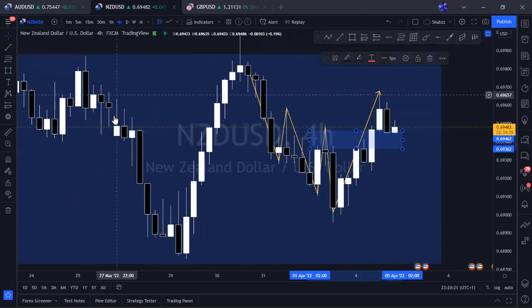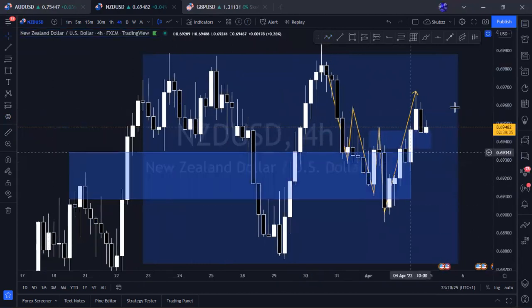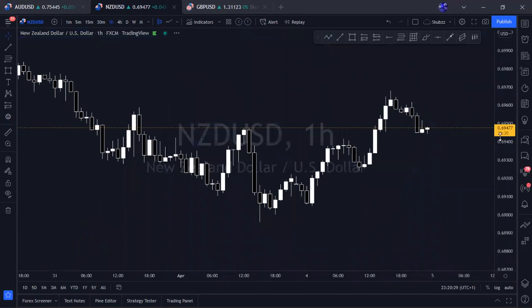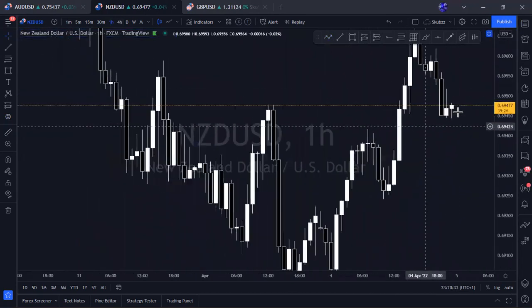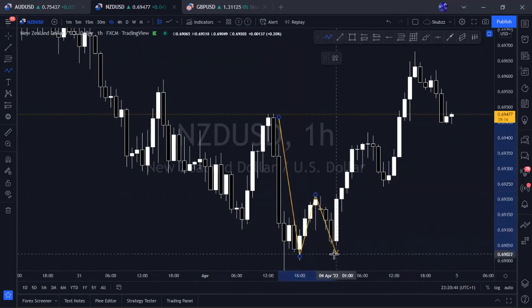So now let's go to the hourly chart, which is my main time frame, and look at what the price is actually doing. We had the most recent structure, this break to the downside, and then this whole push to the upside, but price failed to test that place.